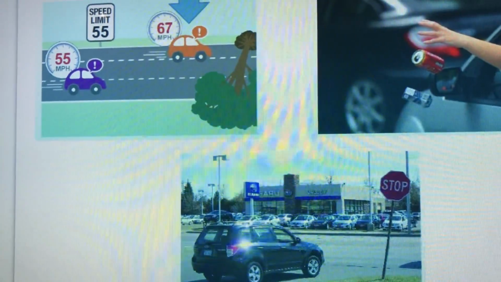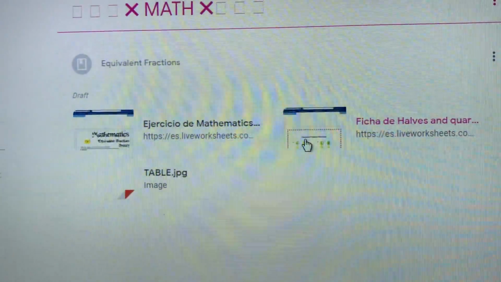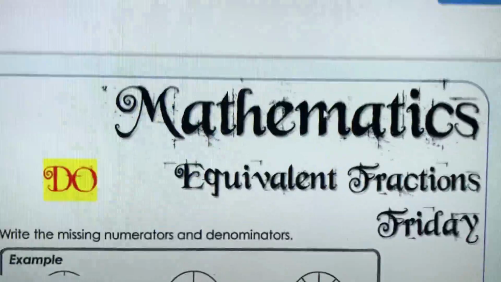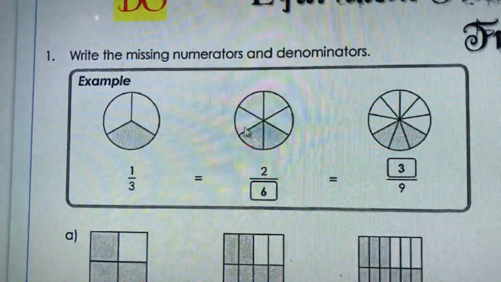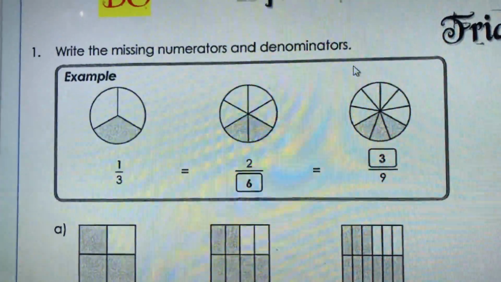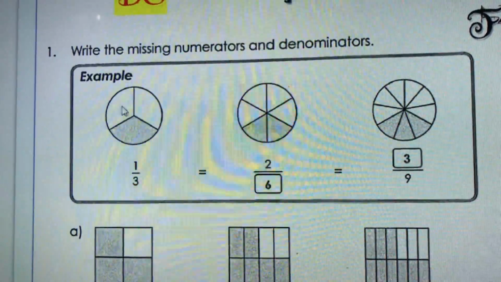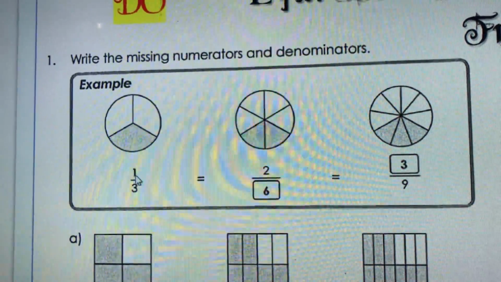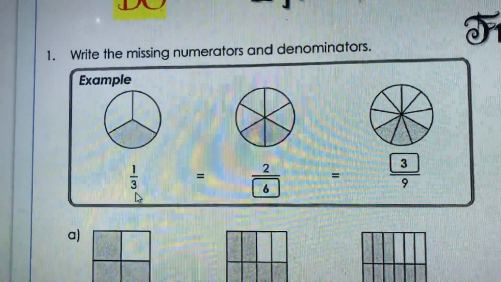Now, if we move to math, we're gonna have these exercises. Pretty simple. Check this out. You gotta write the missing numerators and denominators, okay? This is an example. You have three pieces, 1, 2, 3, and one that is filled. The numerator will be the ones that are filled, and all the pieces will be 3.